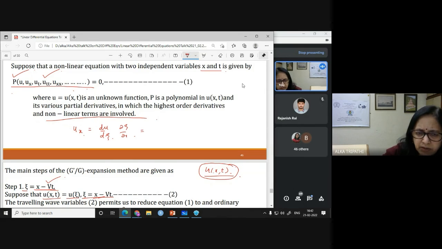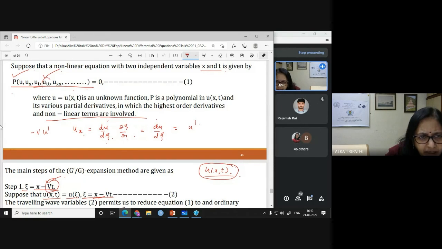So this will become du by d xi, which we can call u dash. Similarly, the next term is u t, that means du by d xi times d xi by dt. d xi by dt is minus v. So the next term will be minus v u dash.